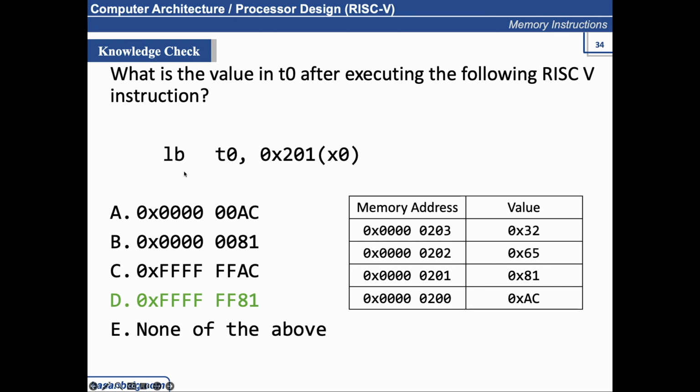But since LB corresponds to reading the data as a signed value, 8 corresponds to a negative number. 81 is written like this, and 8 corresponds to 1000. Because this is a negative number, this sign has to be replicated for the upper 3 bytes. That's why you see FFFF in your answer. What if I change this to LH?